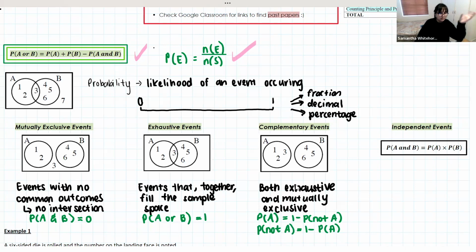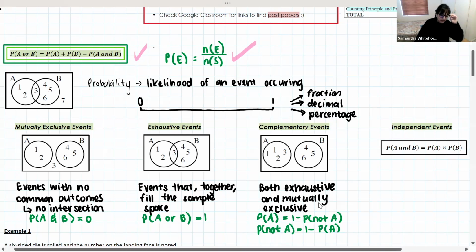So not. That's how we phrase everything excluding that event. We say not. Not, we can also use a little apostrophe for.